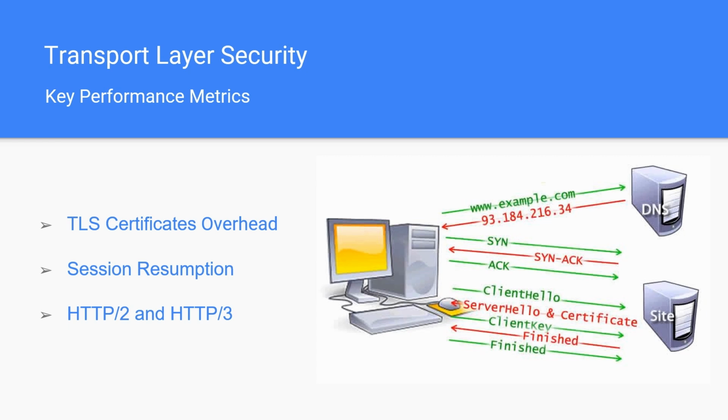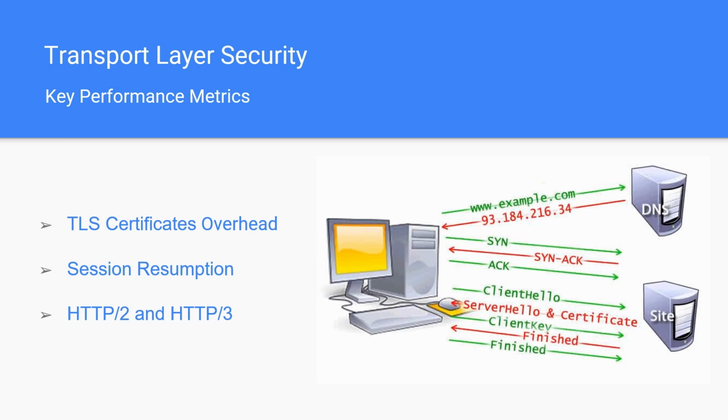The next is session resumption. Session resumption is how quickly a client accessing a particular session can resume it. There is a greater possibility of a user accessing the same website coming back after some time in order to access it again.